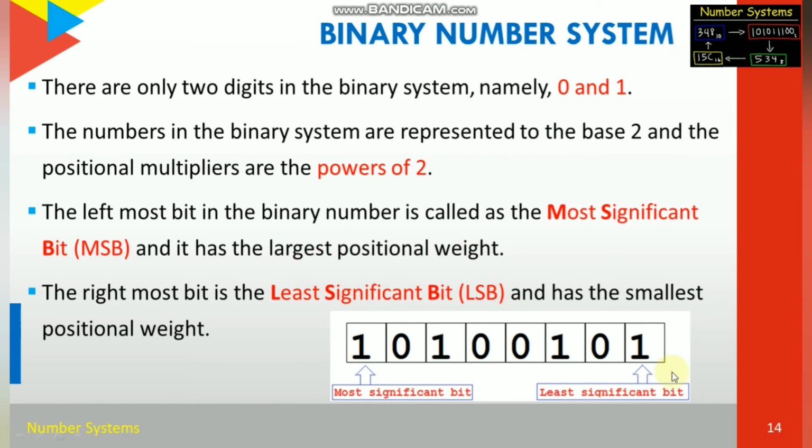Towards your right side, this is called LSB, the least significant bit, and it always has the smallest positional weight, because when you are starting from right to left, the least significant bit will have the smallest weight, that is 2 to the power 0. The most significant bit will have the largest positional weight, here it is 7.